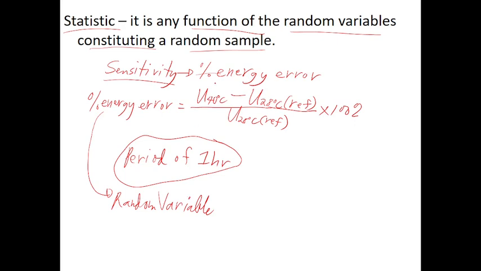Because for every meter, from my example, I have selected 6 meters, of which 3 meters for type A and 3 meters for type B. So from these 6 meters, I will measure the percent energy error for every meter. Meter 1, what is the percent energy error? Meter 2, meter 3, until meter 6. So that is your random variable.